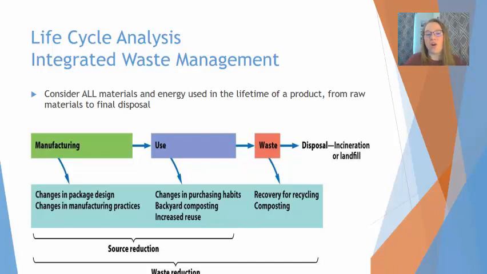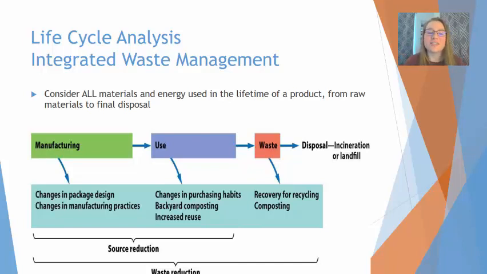We're considering all of the materials and energies throughout the entire lifetime of a product. And I encourage you to take a moment and think about if you can trace back the original components of, say, a mechanical pencil all the way back to its original components, and think about what would happen at the end.